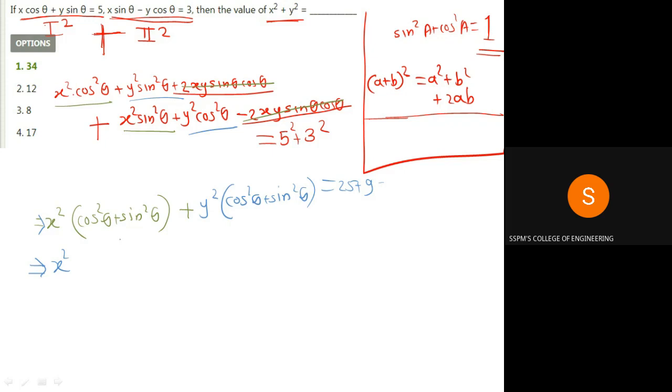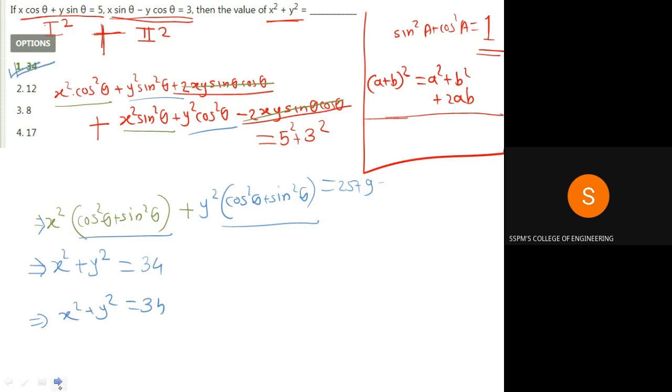So in this part also, cos square theta plus sin square theta is 1, so that can be neglected. So x square plus y square is equal to what? 25 plus 9, which is 34. So that will be your correct answer.